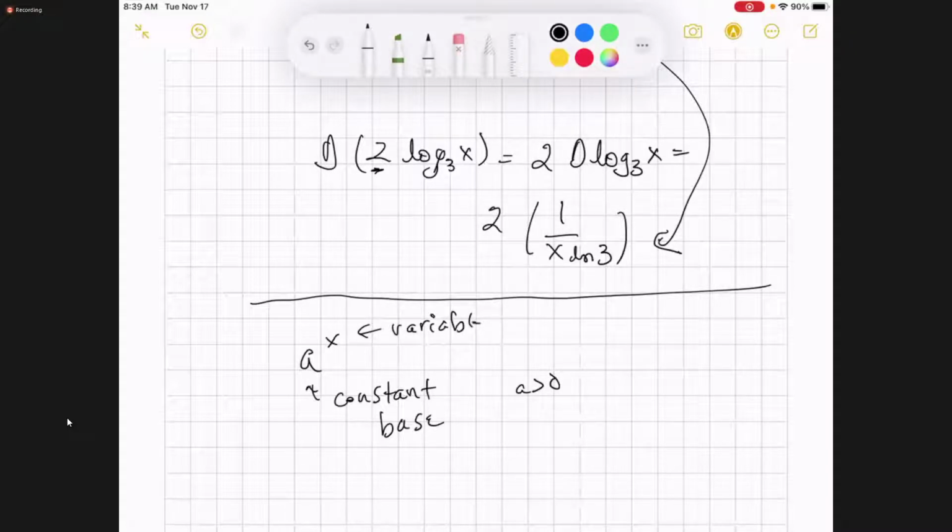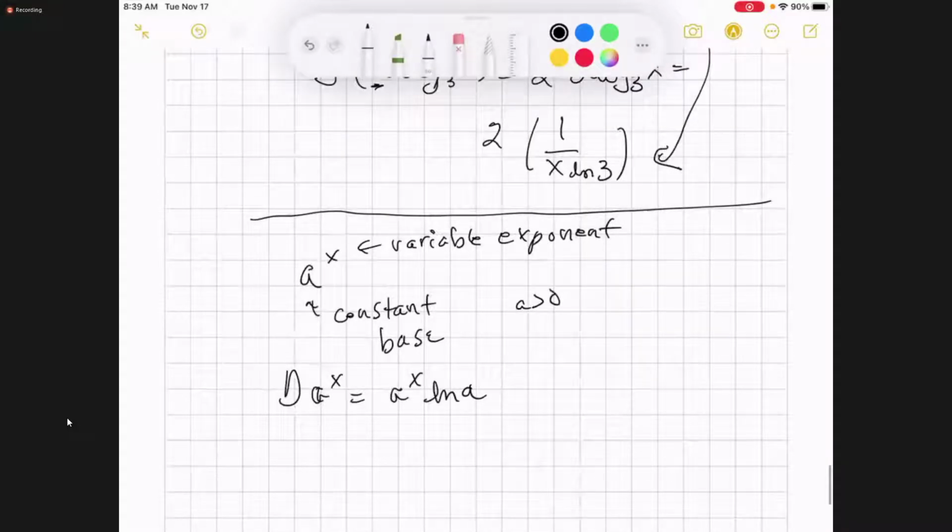For those functions, the derivative is a to the x ln a.